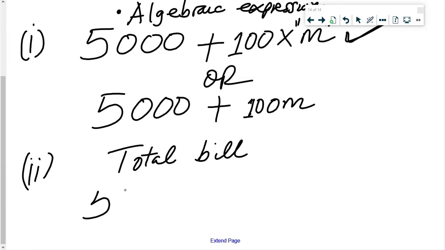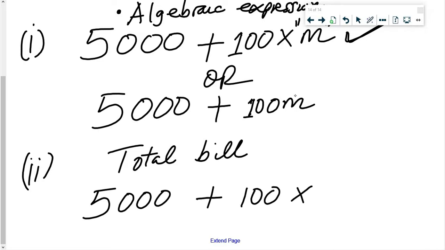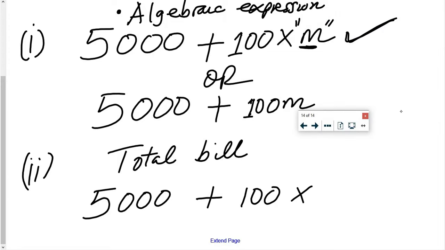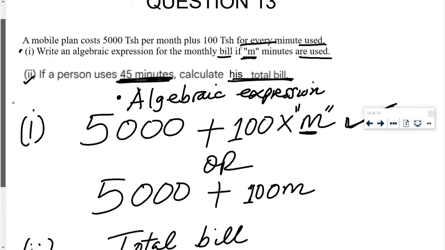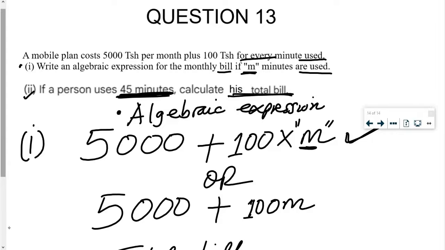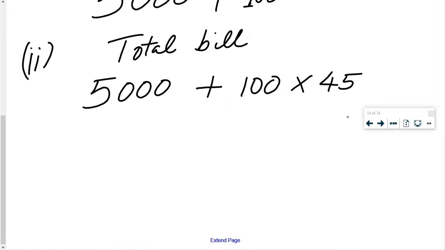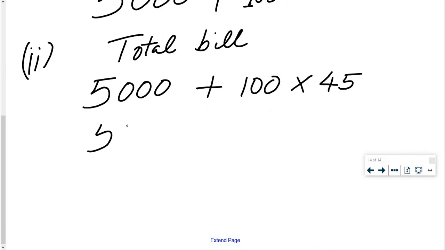So total bill will be 5,000 plus 100 into m. But in this case, m is 45 minutes. So we'll do 100 into 45 and calculate this. 100 into 45 is 4,500.